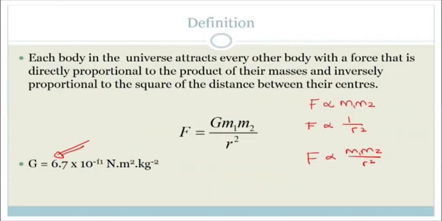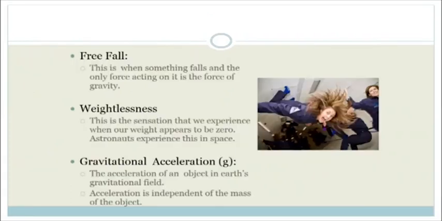Okay, now, before we carry on with our exam questions, we need to talk a little bit about some definitions. The first definition that we need to talk about is free fall. Free fall is defined as when something falls and the only force acting on it is the force of gravity. The only force acting on it is the force of gravity.